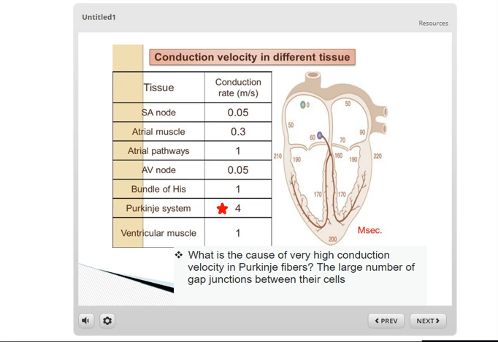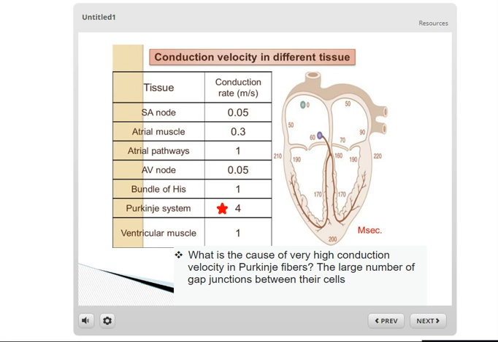And in the atrial muscle, conduction velocity is about 0.3 meters per second, and it conducts impulses from the SA node throughout the atria, allowing for coordinated atrial contraction.